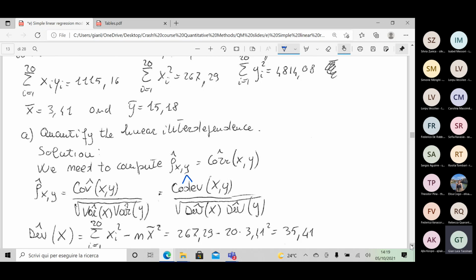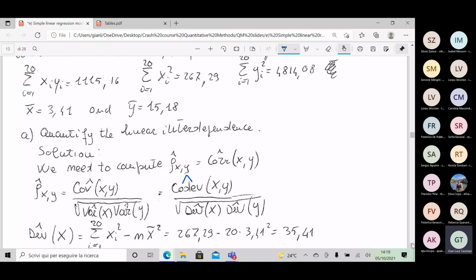If you remember, the sample correlation coefficient can be computed either as the ratio between the sample covariance and the square root of the product of the variances, or alternatively as the ratio between the sample codeviance between X and Y and the square root of the product of the deviances.